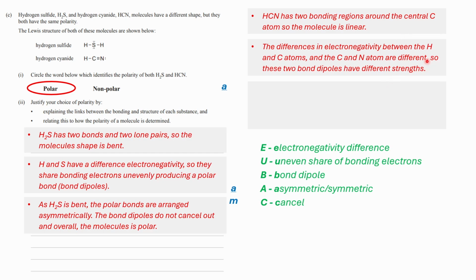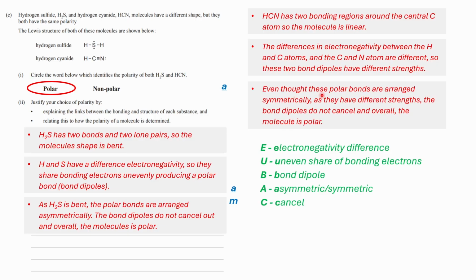That's important. And that's important whenever you talk about one of these molecules that have two different types of bonds in them. They'll always have different strength bond dipoles. Now, even though these bond dipoles are arranged symmetrically, because they are different strengths, the bond dipoles do not cancel out overall and the molecule is polar.